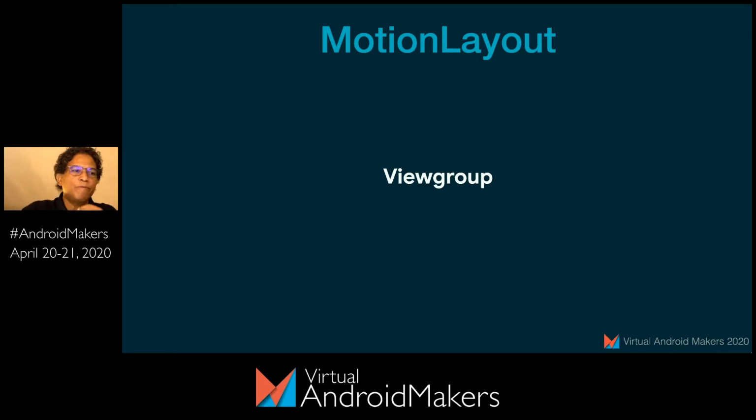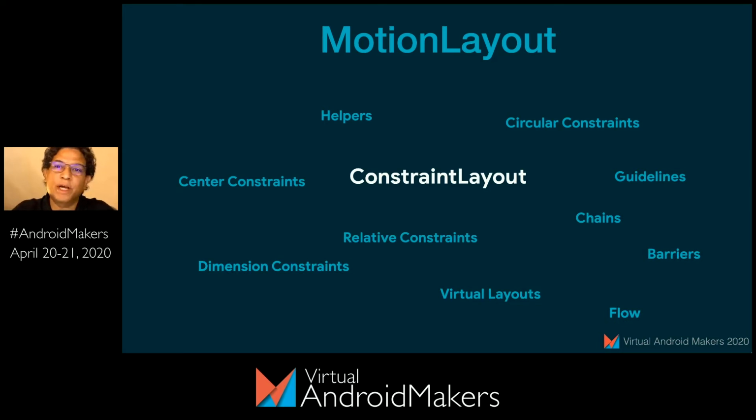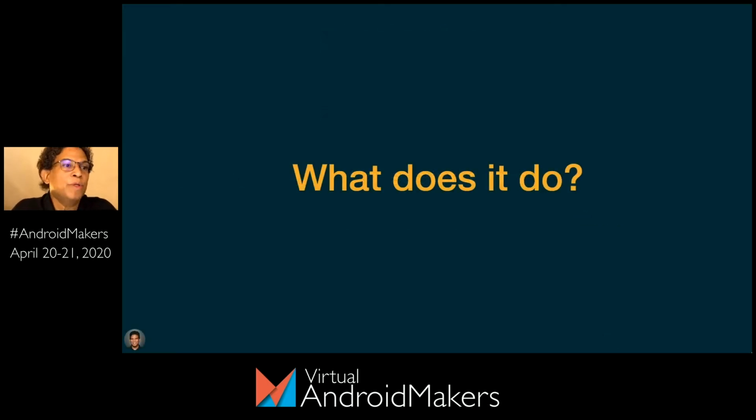You start off with a view group, and then you add ConstraintLayout on top of it, and MotionLayout is a subclass. So because it's a subclass, you get all of this stuff that you normally see in ConstraintLayout, but now you can add motion to that.